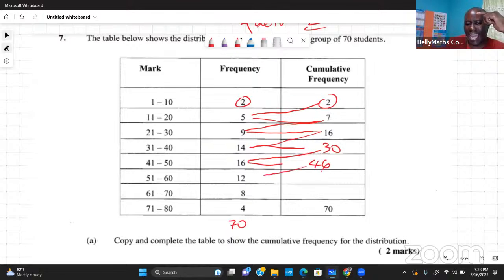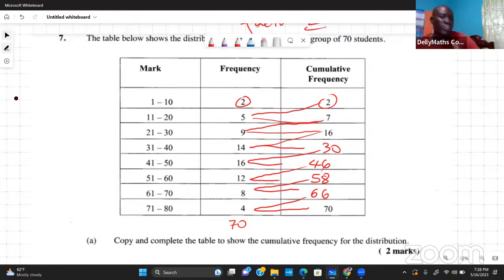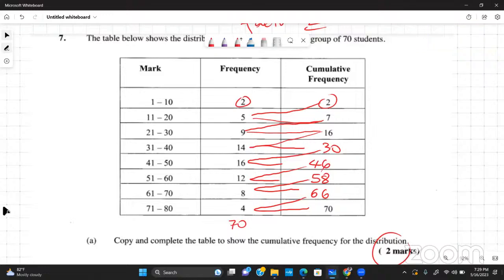Then add 46 to 12, you get 58. Then add 58 to 8, you get 66. And if you double check it, 66 plus 4 gives you 70. So the numbers you put in, you collect 2 marks for that: your 30, your 46, your 58, and your 66.